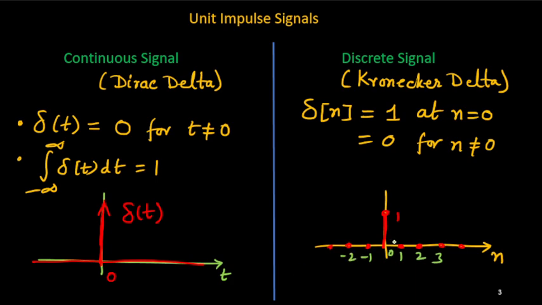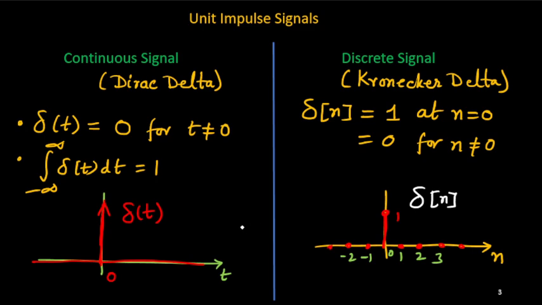Everywhere it is 0, but at 0 only its sample is 1, and it is considered as delta n. Okay, so we will call it del n. Clear? So this is a discrete signal, discrete unit impulse signal called Kronecker delta signal.